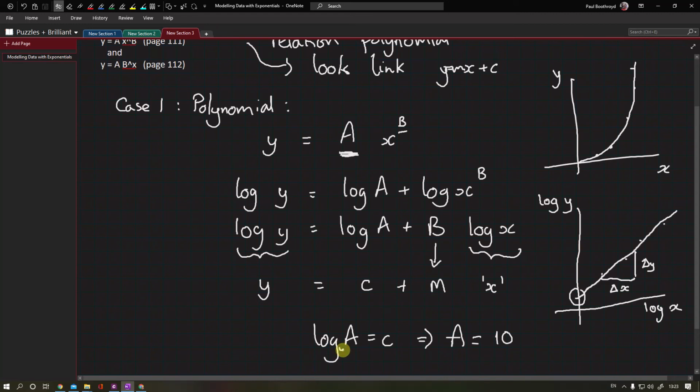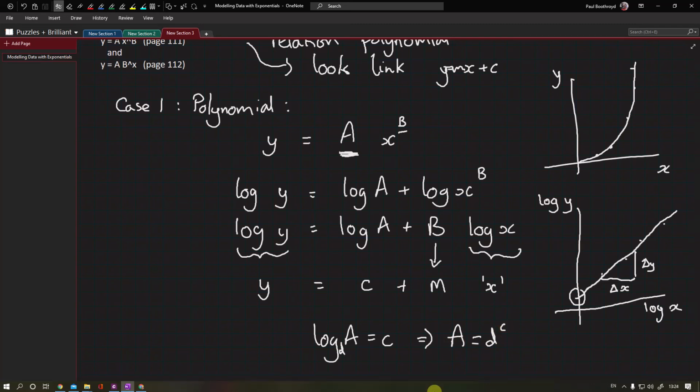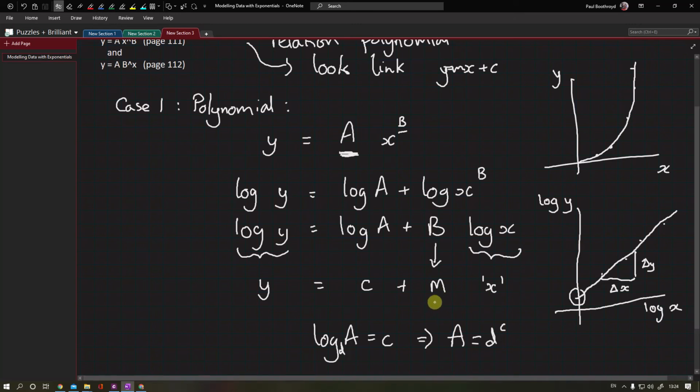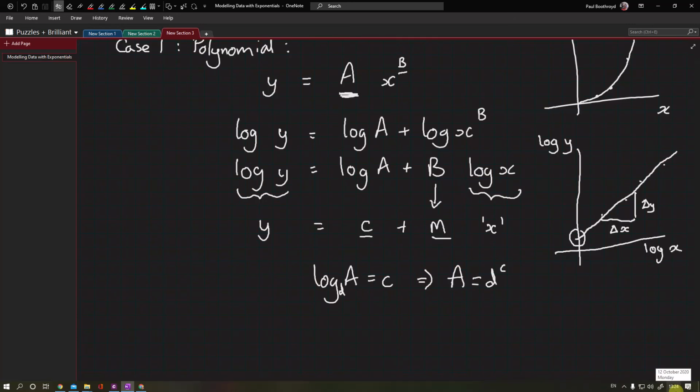Let's call it d. So if we call this the value d, we do d to the power of c, and that will tell me what my a value is, my coefficient in front. The gradient directly tells me what my b value is.